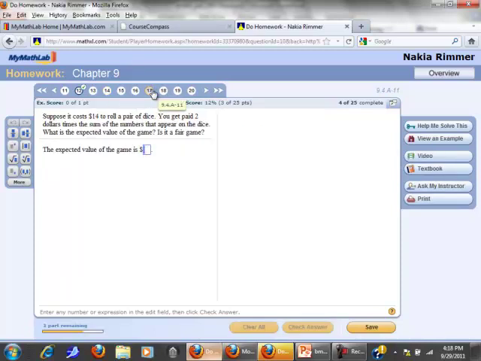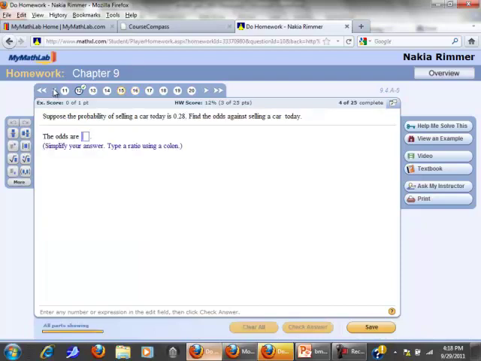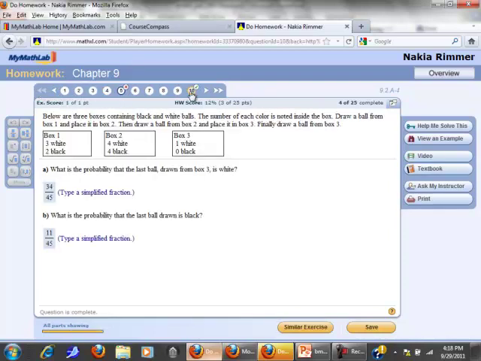Okay. No, we didn't do number 10. Alright, sounds good. Sort of set you up for what's going on with number 10 here. You have 3 different boxes.